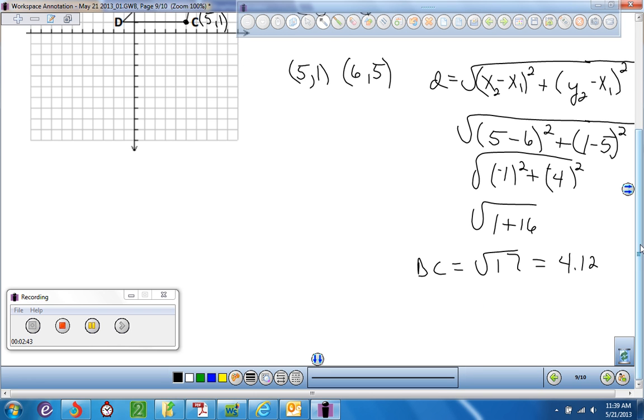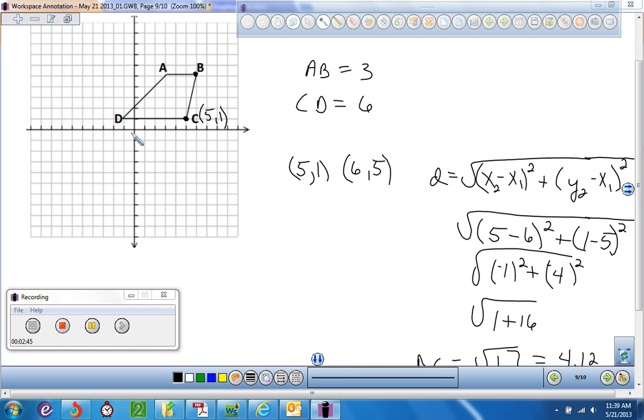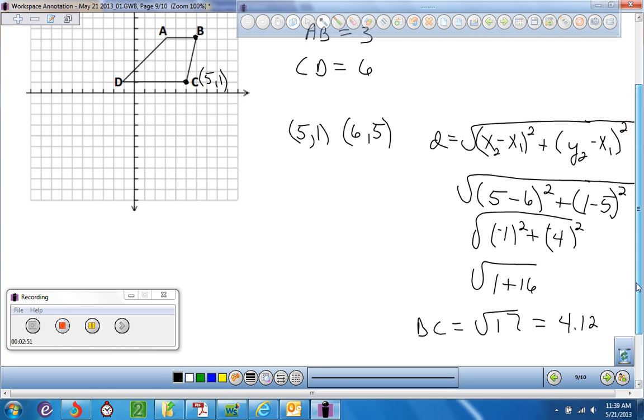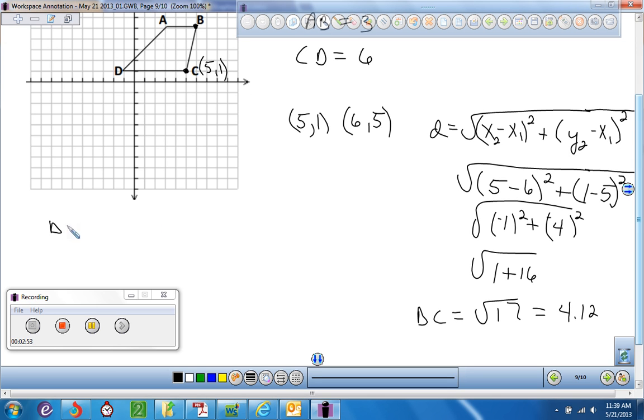Alright, and then we have to do the same thing to come up with a distance for DA. So what I'm going to do is just do it over here. We'll go to DA. Let's figure out what the ordered pairs are. Alright, so count over, so it's 1, 2, 3.